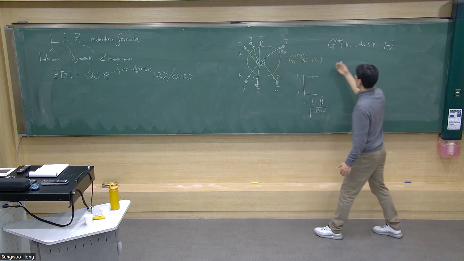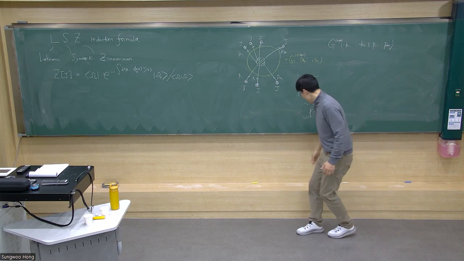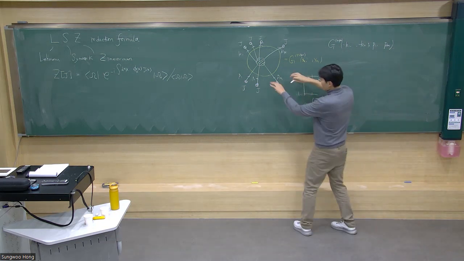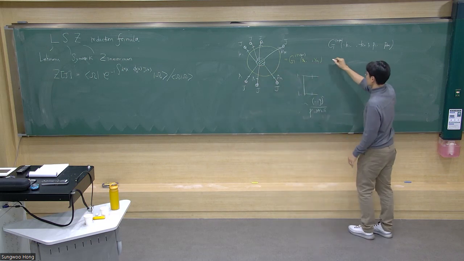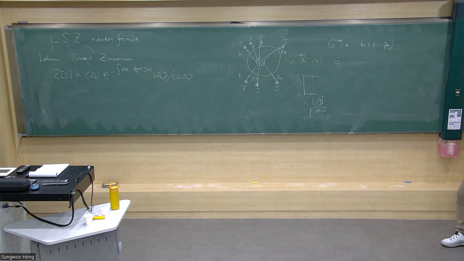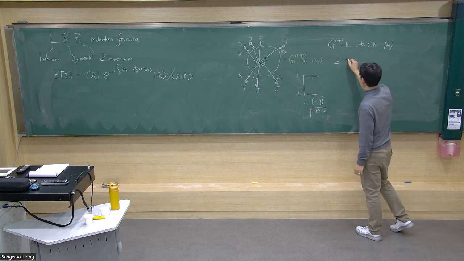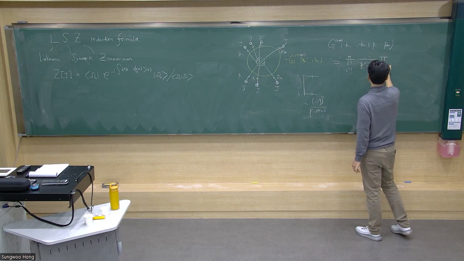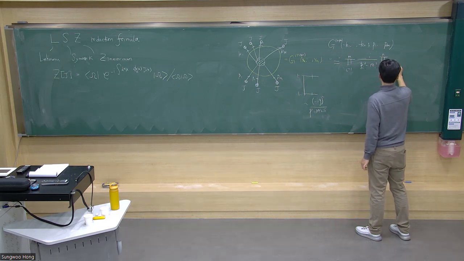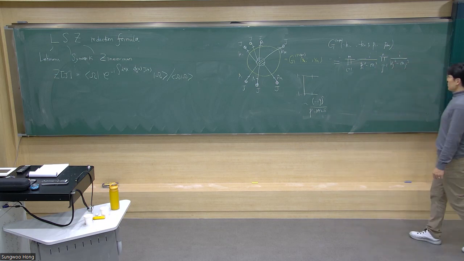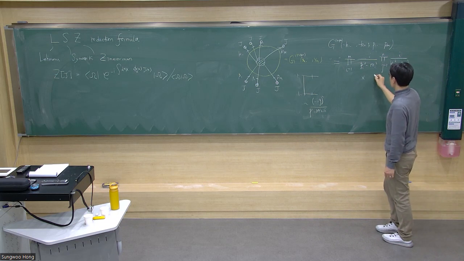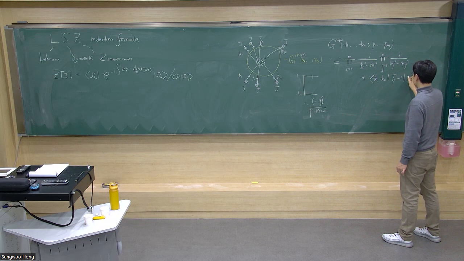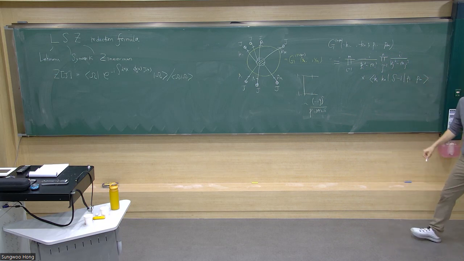So starting from this n plus n endpoint Green's function, what you want to see is, modulo some subtlety, the product of the propagator factors. So this is ultimately the formula.